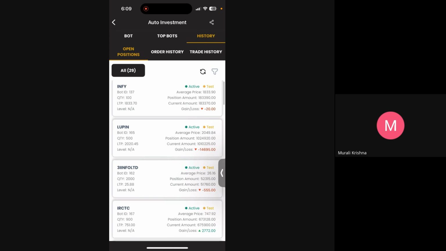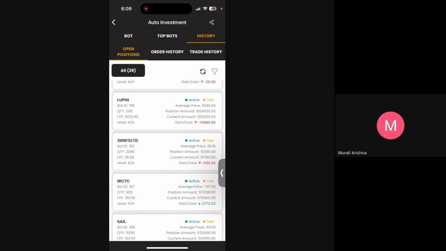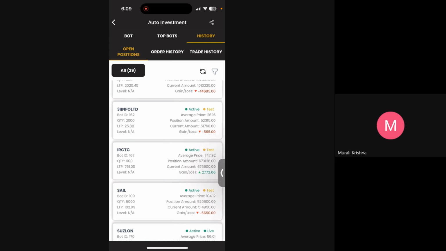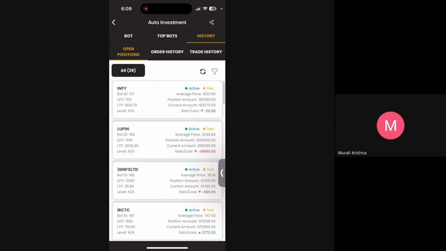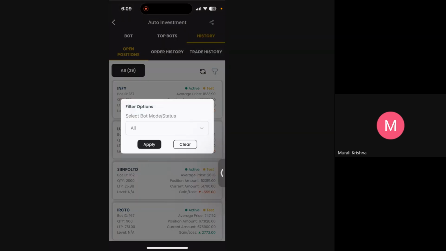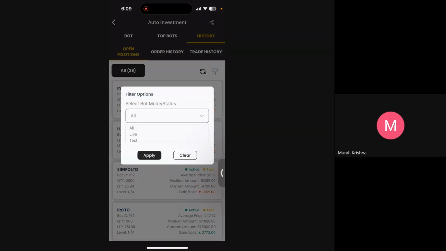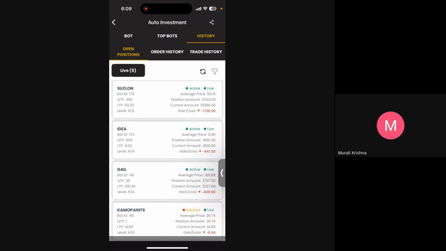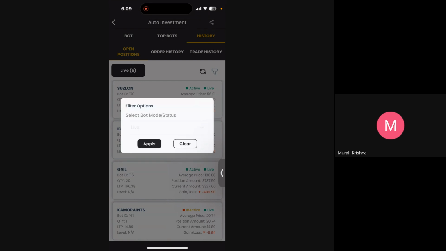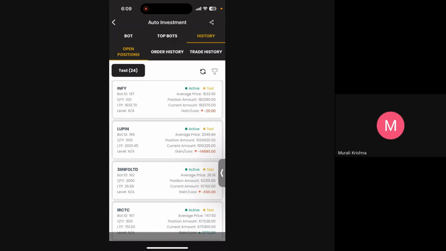Lupin is there, it is holding Lupin. 3i Infotech is there, IRCTC is also there, SAIL is there. Like this, you can see all the open bots you have, and you can filter here with live and test, to see how many live bots and how many test bots there are.